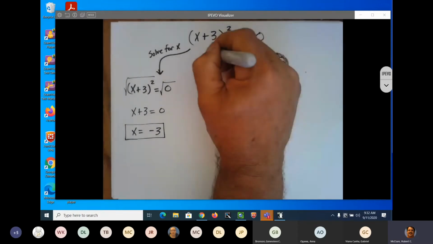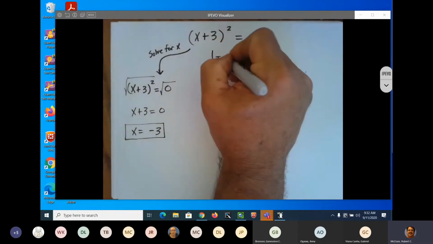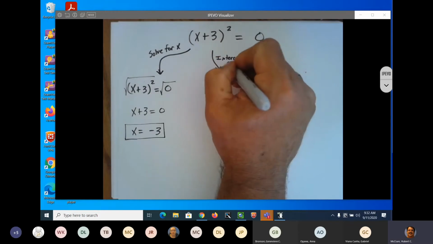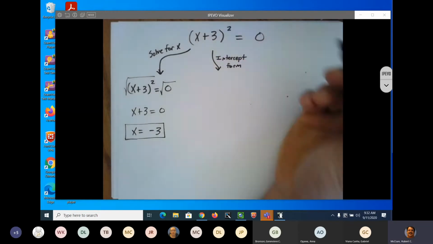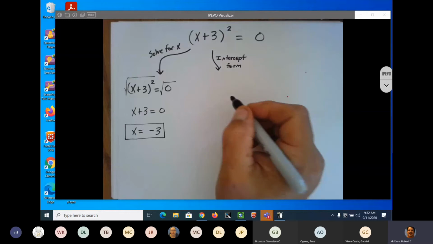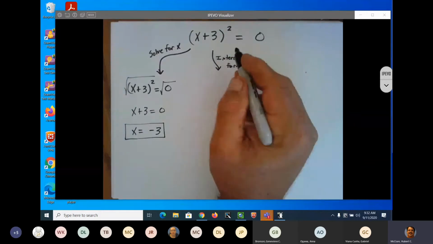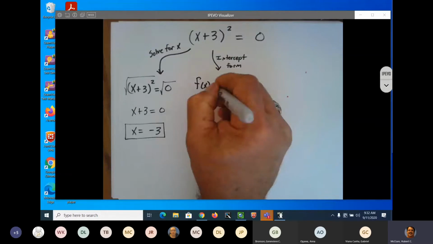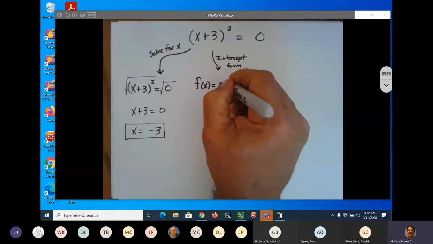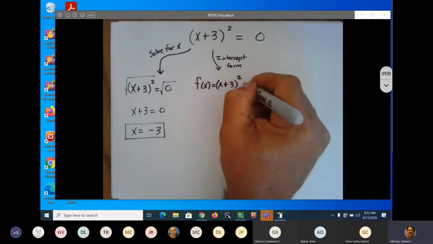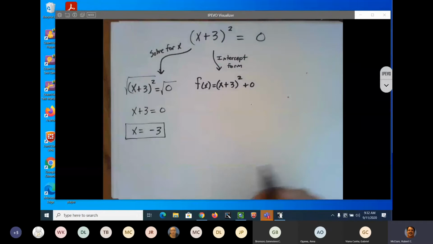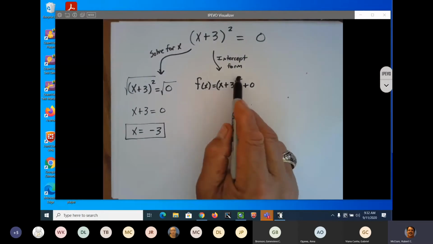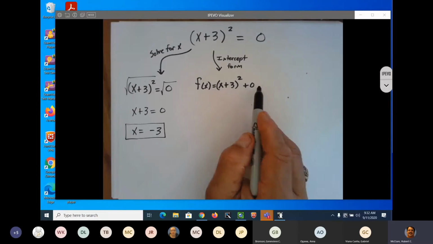Here, we're going to put it in intercept form. What are we going to do? Well, we're going to bring the 0 back over and set it equal to f of x. f of x is equal to x plus 3 quantity squared plus 0. This is the form a times x plus h quantity squared plus k.